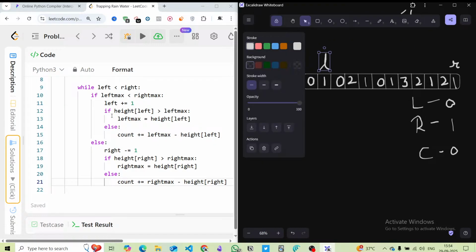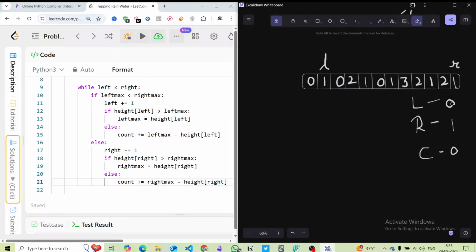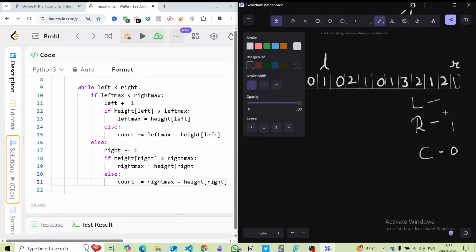Okay. Now check whether the value of L is greater than the left max. Yes. So we just update the left max, which is 1. Right. So now again, left max is less than right max? Yes. So we just increment the left, check whether left max is lesser than this one.